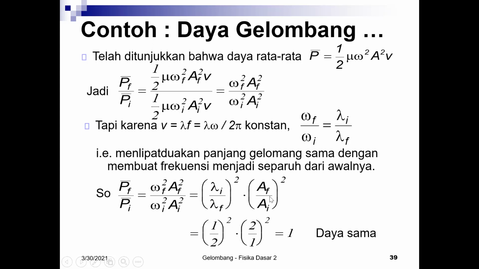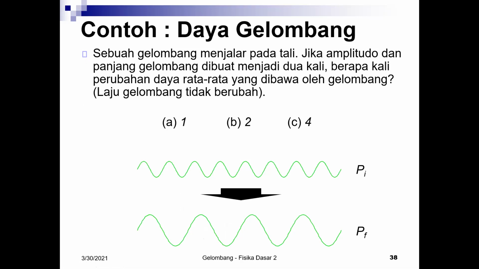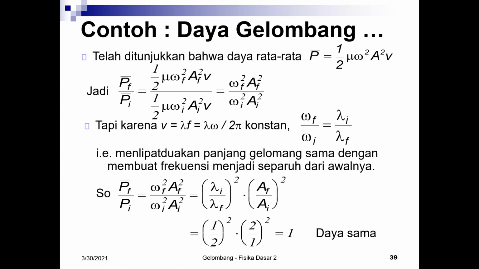The final amplitude is twice the initial amplitude. So we get this is a quarter and this is 4, and we end up with 1. So if we change the amplitude and the wavelength to become twice, they have the same average power. Is that clear, or do you have any question in mind?